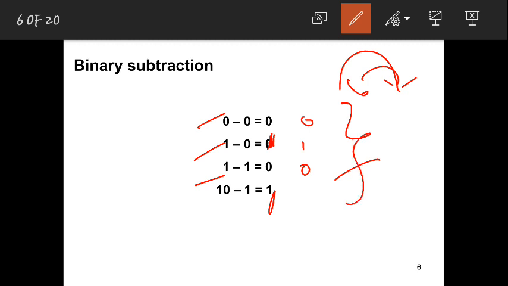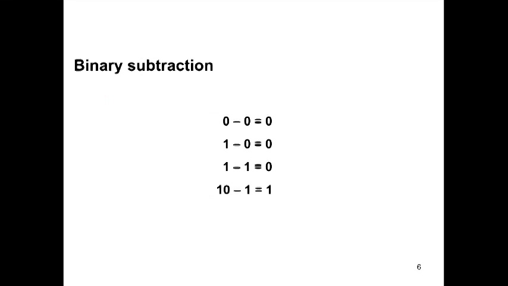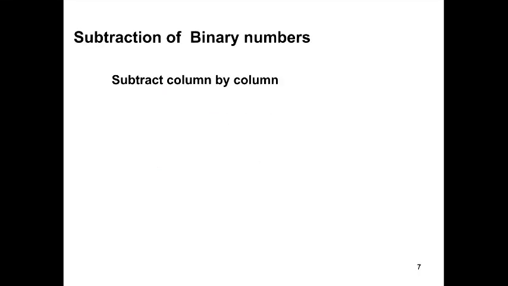It's like simple subtraction, right? There's nothing to remember. You're subtracting 0 from 1, so you'll get 1. 1 minus 1 means you'll get 0, and 0 minus 1 means you're subtracting a larger number from a smaller number, so you need to take a borrow from your left number. And then you have an example on that. Once you see this, you'll have clarity on that.